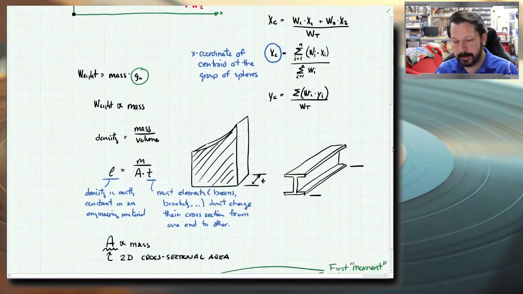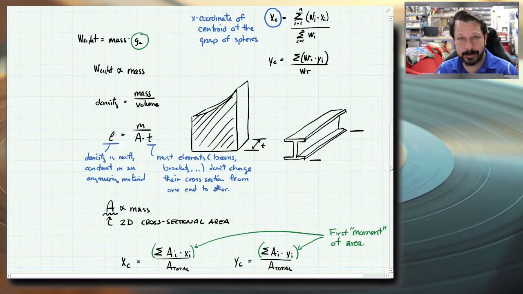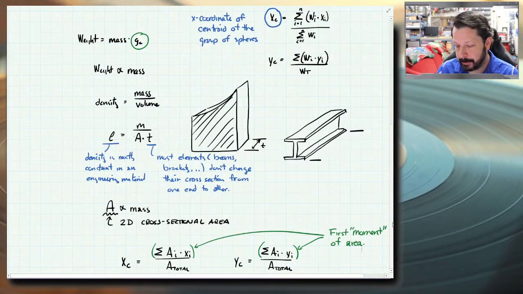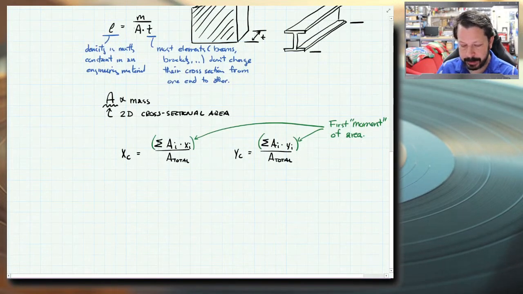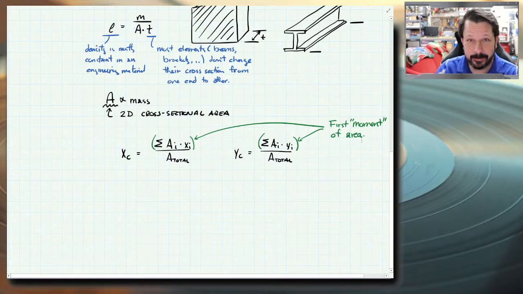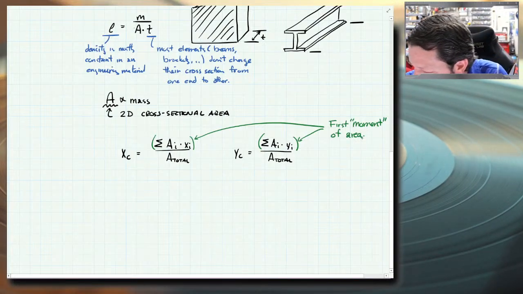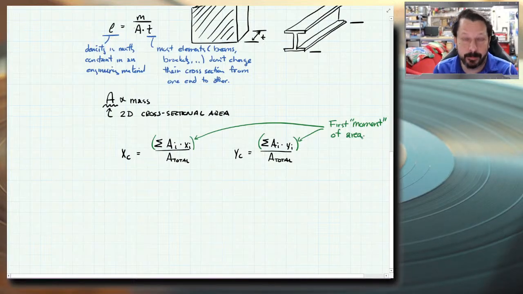But then we've assumed that it's this constant gravitational field. We assumed a uniform cross-section throughout the thickness. We assumed a uniform density. And making all those assumptions meant that we could, instead of having to deal with an entire volume of material, just deal with its cross-section. And so it's the first moment of area, even though an area doesn't really have mass or anything like that to create a moment. But that's what it's called, first moment of area.